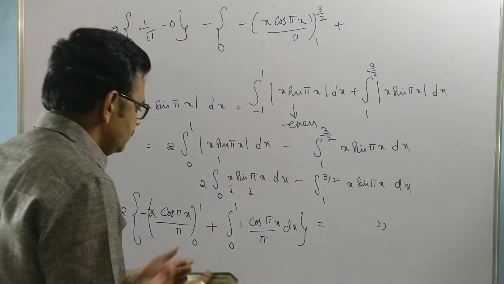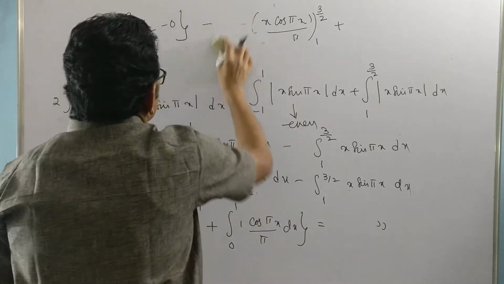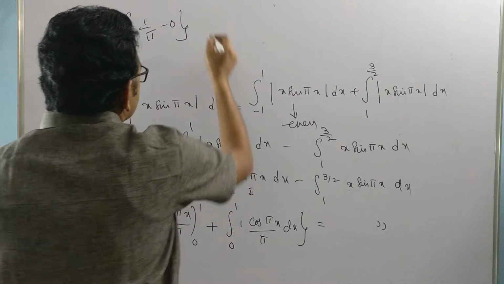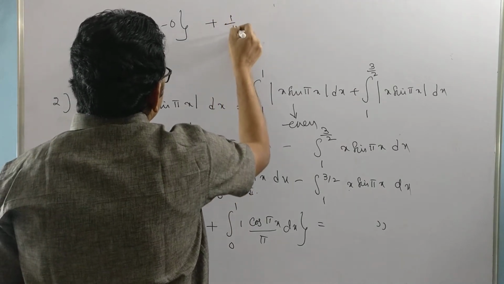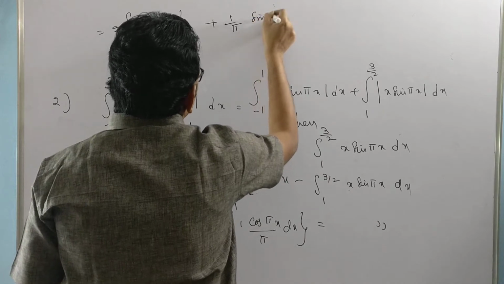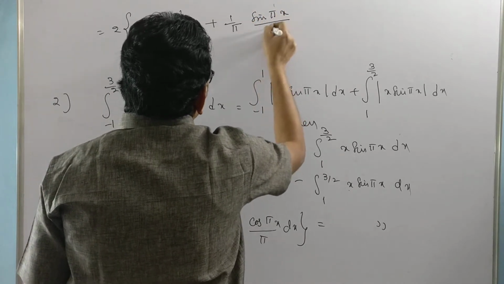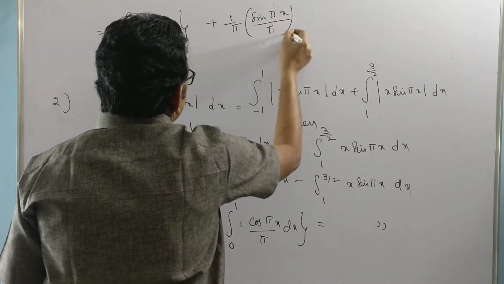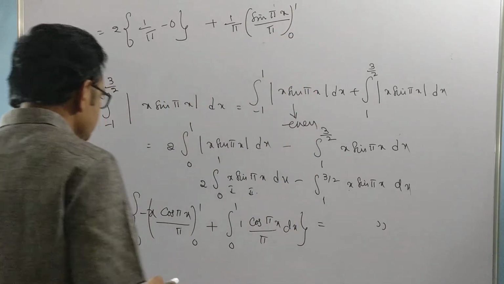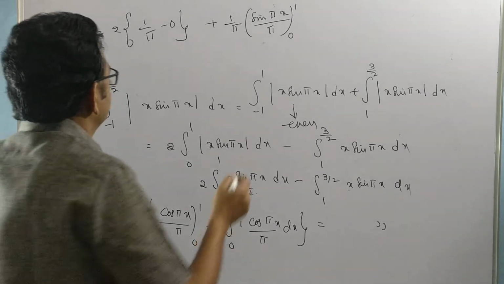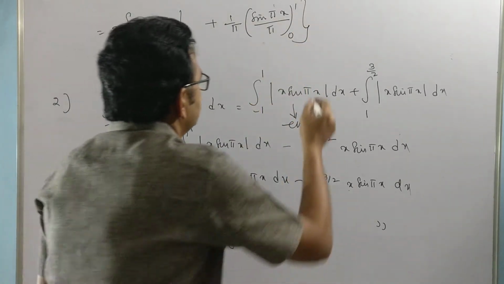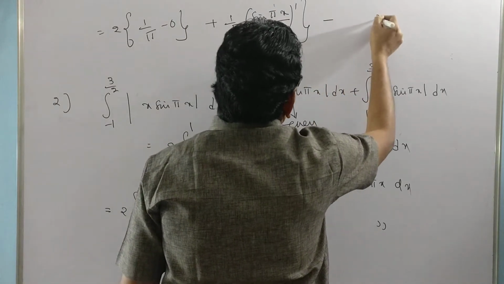and you have the second part, plus 1 by pi into the integral of cos pi x, which is sin pi x by pi, with limits 0 to 1, minus, just apply the limits for this.